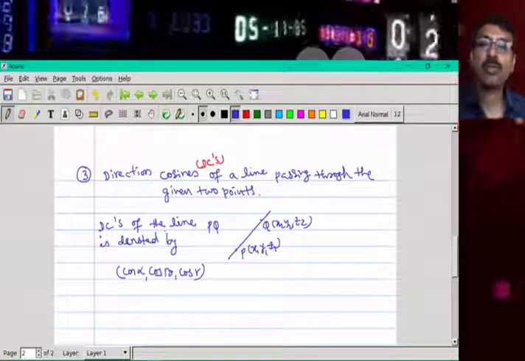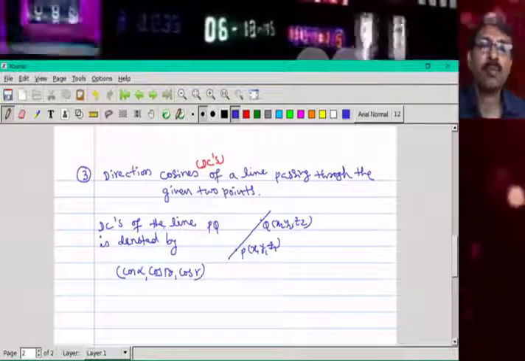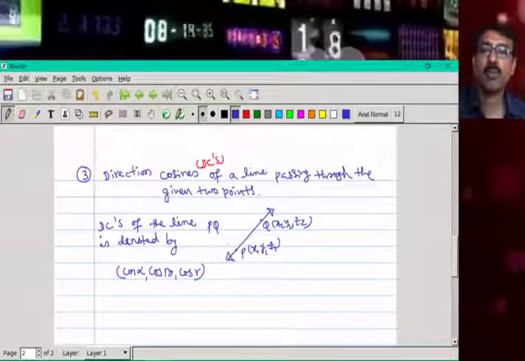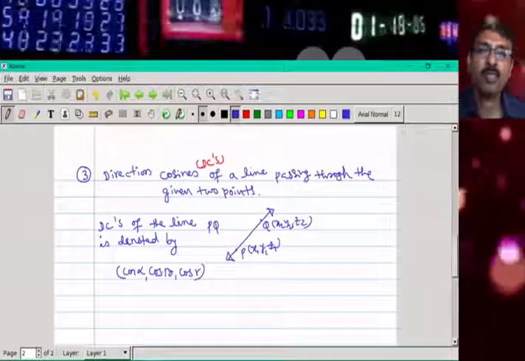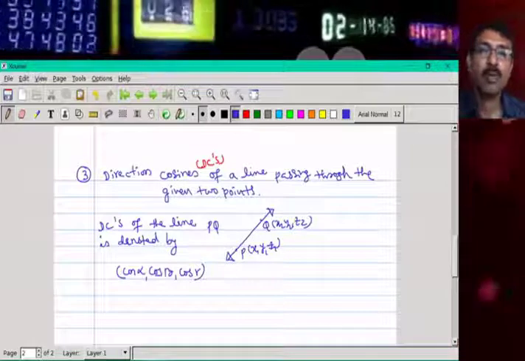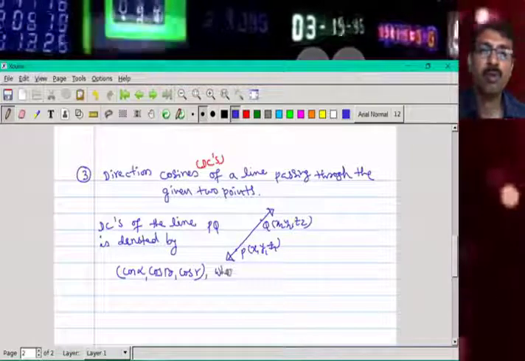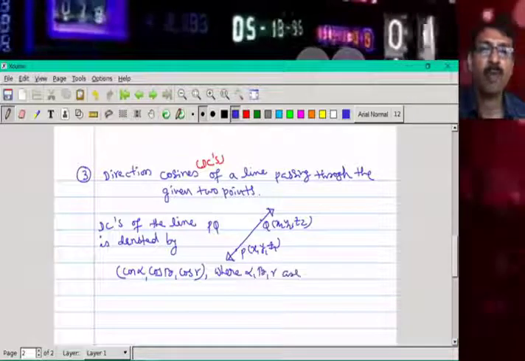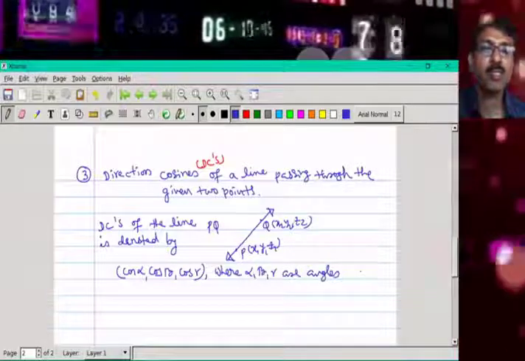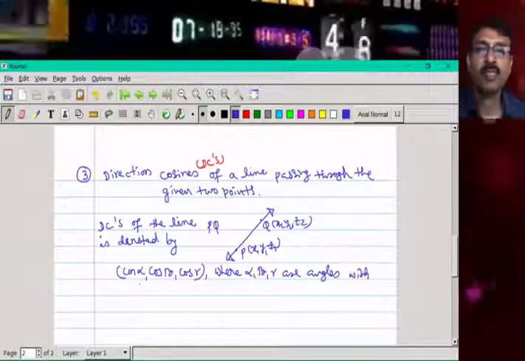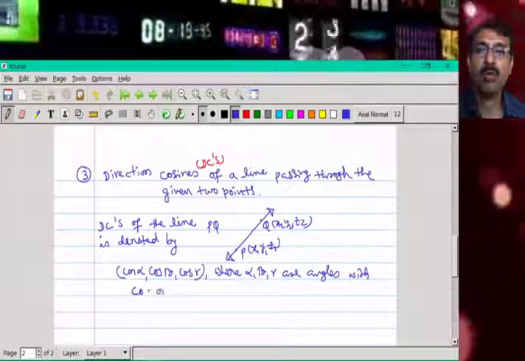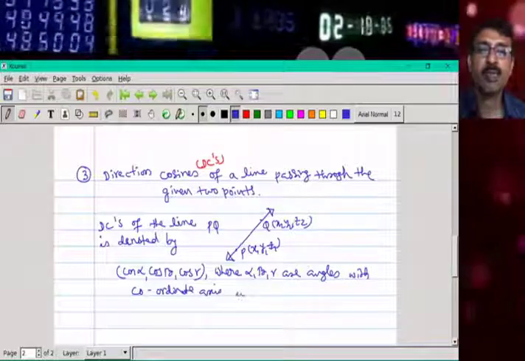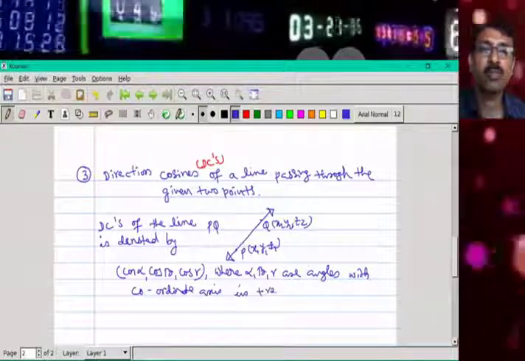So direction cosines of a line PQ are denoted in the form of trigonometric ratios cos alpha, cos beta, cos gamma, where alpha, beta, gamma are angles with the coordinate axes in the positive direction.